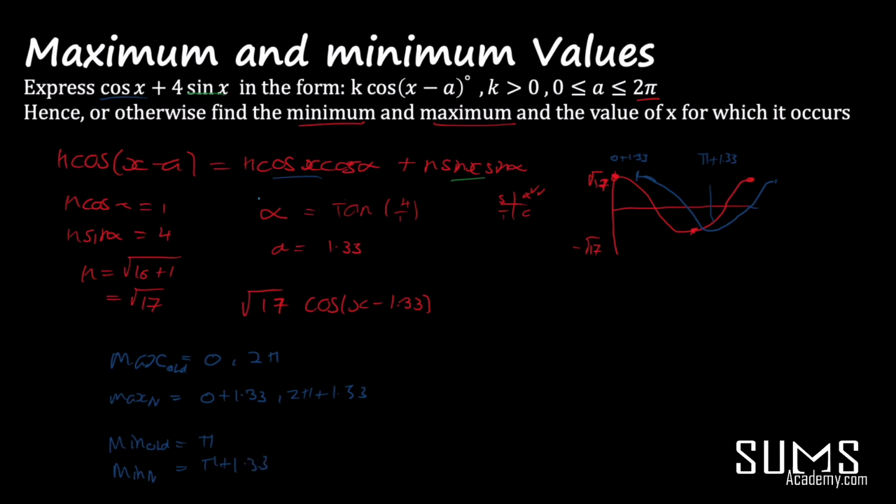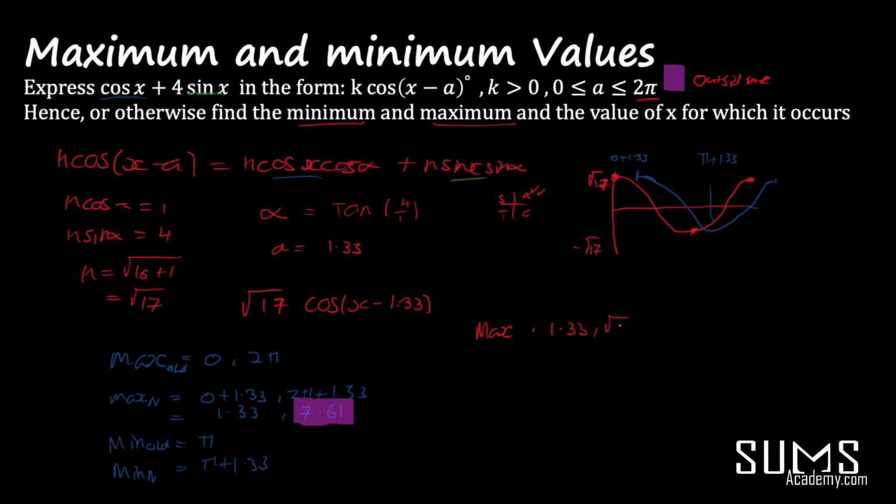Okay, so what is this going to equal? This is just 1.33, and this will be 7.61. And remember that this 7.61 is outside, it's too big, it's beyond the 2 pi. 2 pi is 6.2 or so, right? So outside the range.